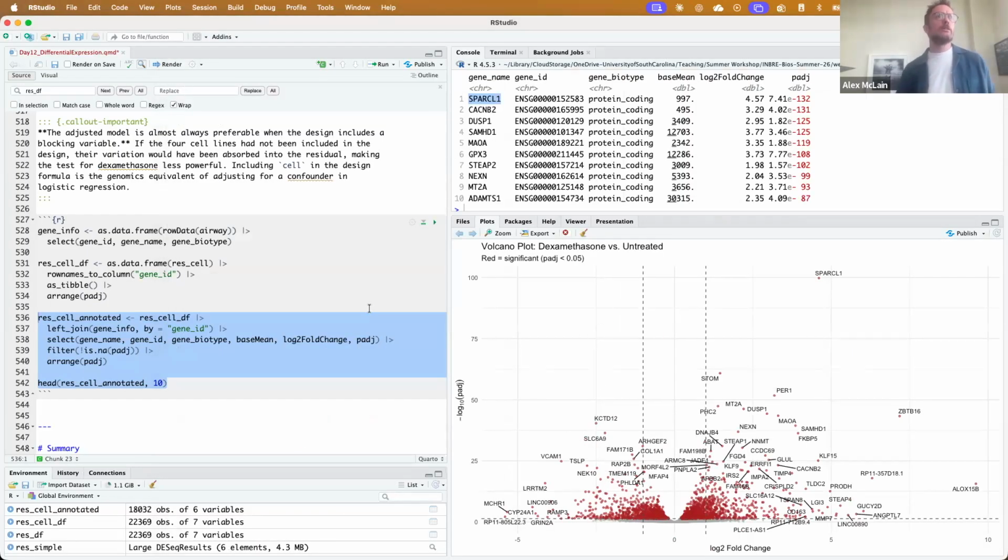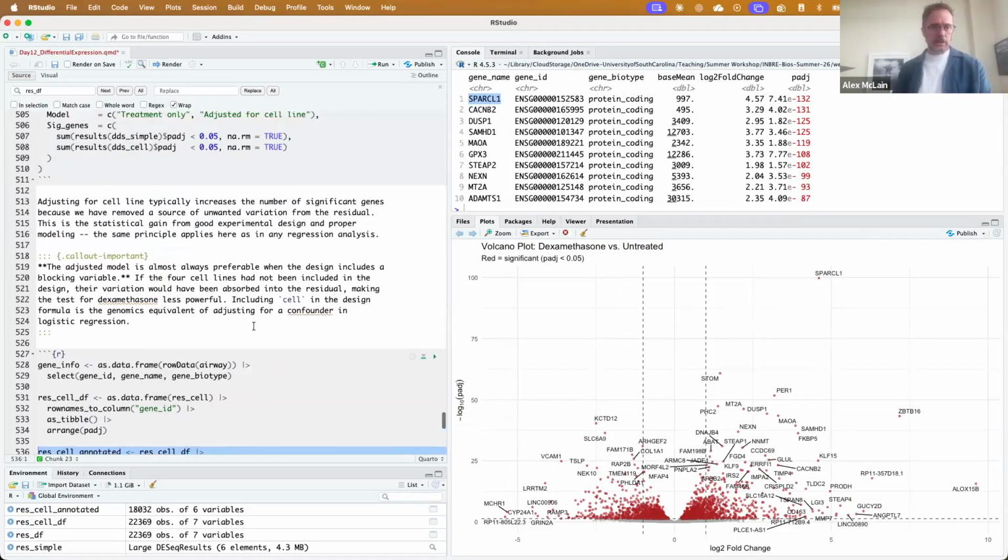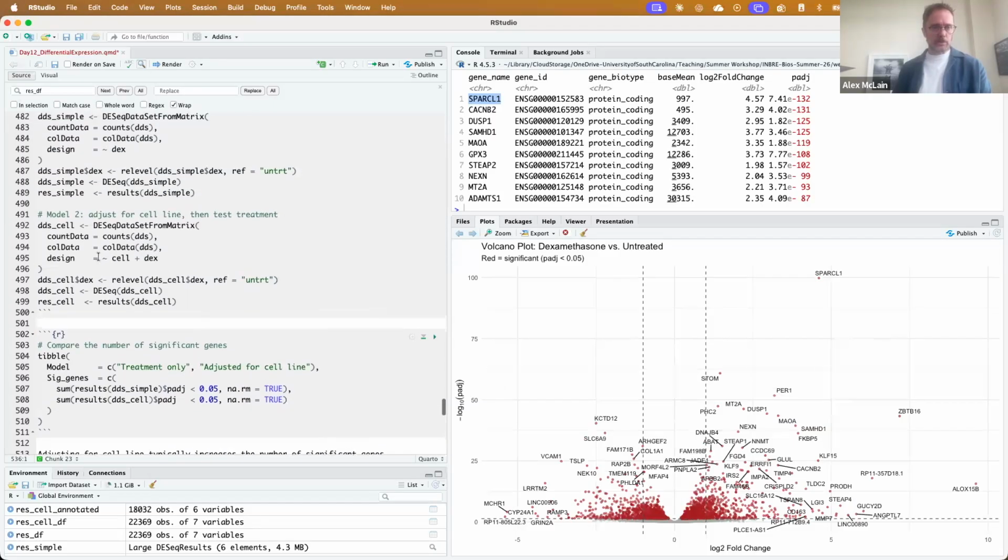Yeah, Malin, good question. So is using cell plus DX the same thing as DX plus cell? No, it is not. The ordering here is important. The last variable in the design matrix is the one that DESeq is going to give us the p-value for.